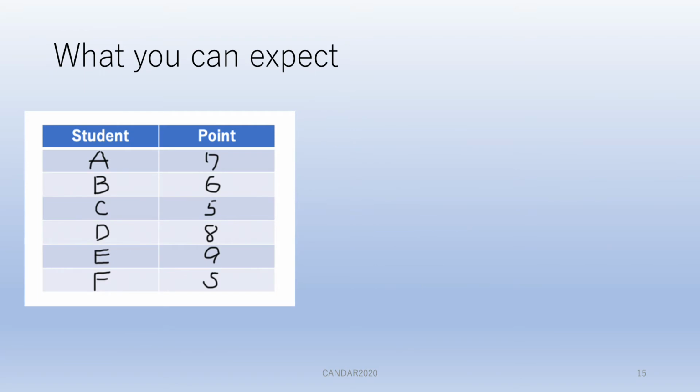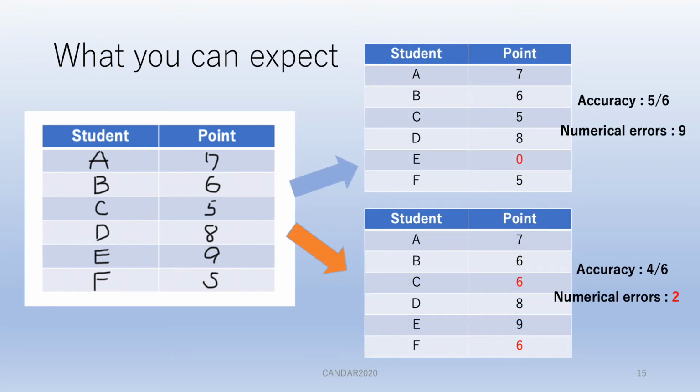Here we talk about what you can expect from the proposed method. For example, when given a table containing handwriting numbers like this as input, the model outputs like this.